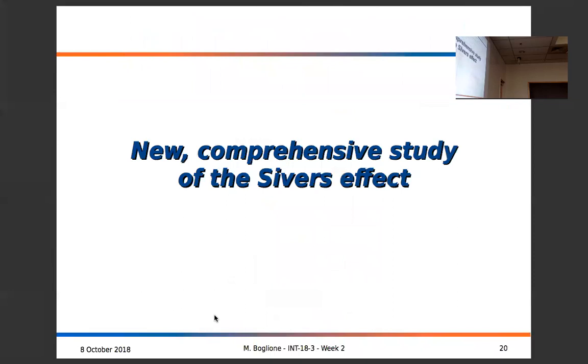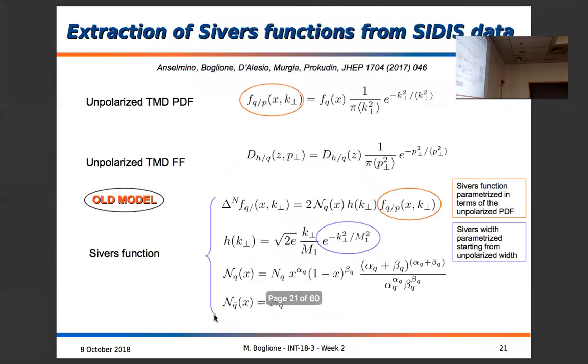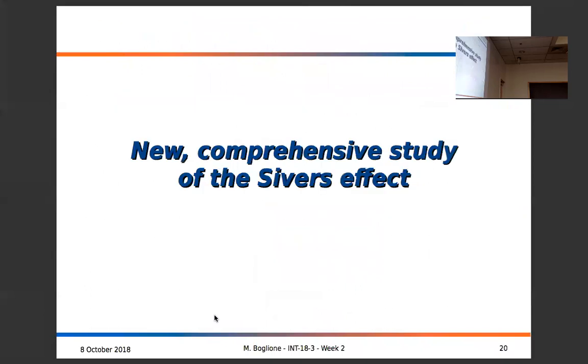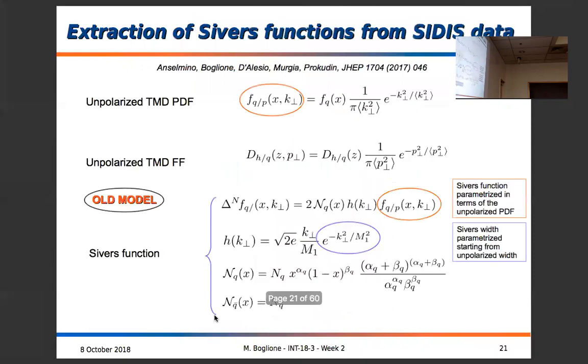So what we have done until a few months ago was to go over a new study of the Sivers effect and a new phenomenological analysis of these new data. This is the model that we used in the past, and let me just draw your attention to the fact that for the Sivers function we used an x dependence which was coming from the unpolarized collinear parton distribution function, PDFs.